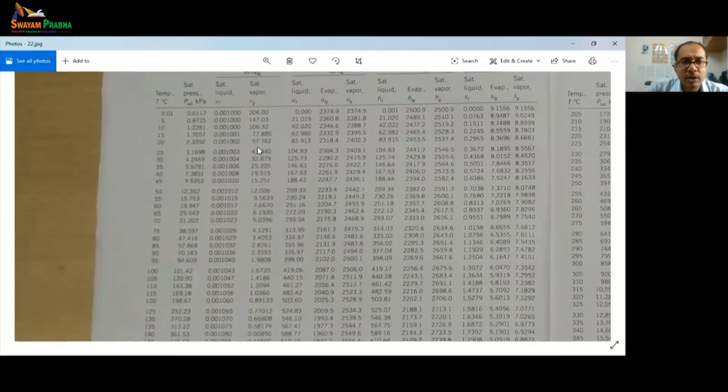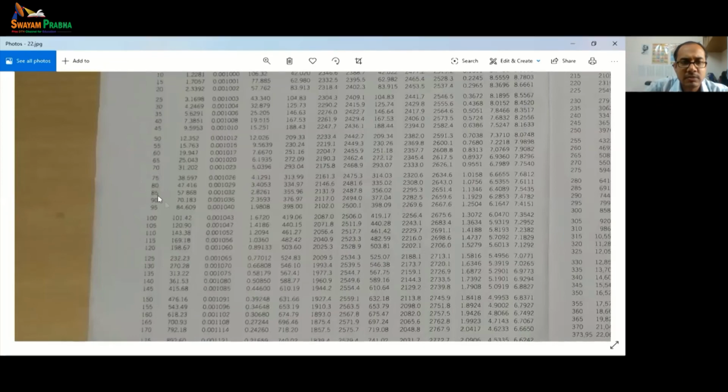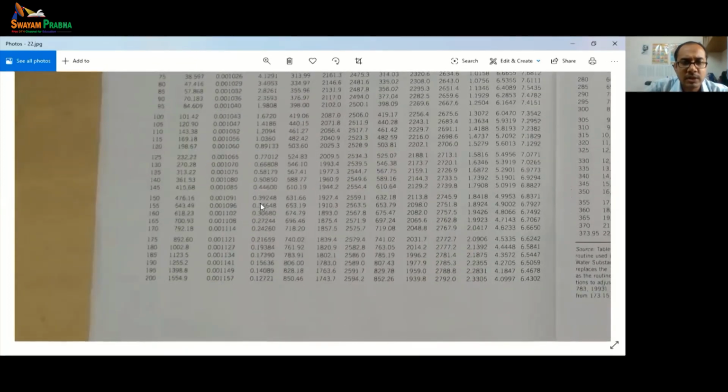As you go up in temperature, you are going down in specific volume, but still you are very high. Here at 75 degrees centigrade, it's 4.12. We need to go to 0.045, so go down further.